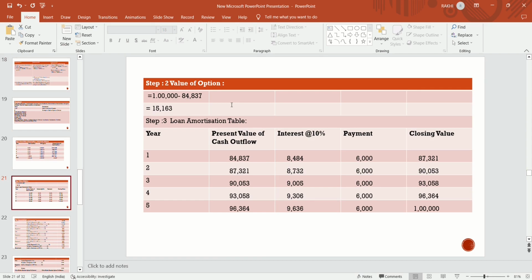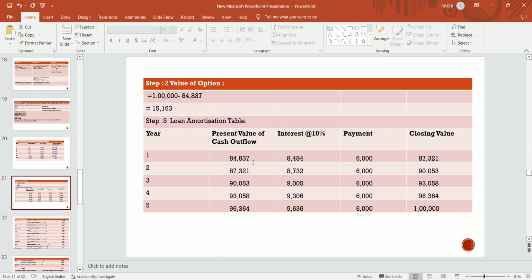The present value of the cash outflow for the organization becomes 84,837. That is the present value of the outflow which will be incurred after 5 years, and interest is to be calculated at the rate of 10%, that is 84,837 at 10%, which becomes 8,484, and the payment is 6,000 every year as a coupon, so the closing balance becomes 84,837 plus interest 8,484 minus payment 6,000, which becomes 87,321.